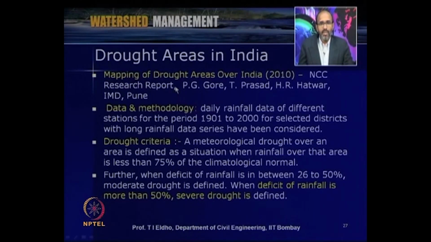Another drought assessment was done in the National Climate Change Research Report by P. G. Gore, T. Prasad and H. R. Hatwar, Indian Meteorology Department, Pune, published in 2010, on mapping of drought areas over India.